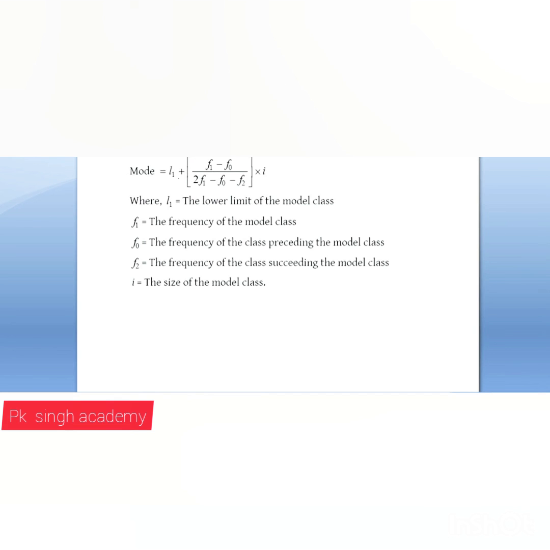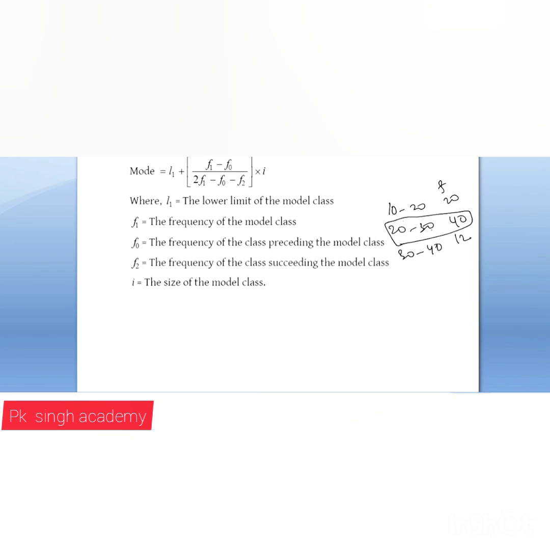This is the formula: L1 plus (F1 minus F0) divided by (2F1 minus F0 minus F2), into I. I have explained what F0, F1, F2 and I are, but let me explain once again. See, classes 10-20, 20-30, 30-40 with frequencies 20, 40, 12.